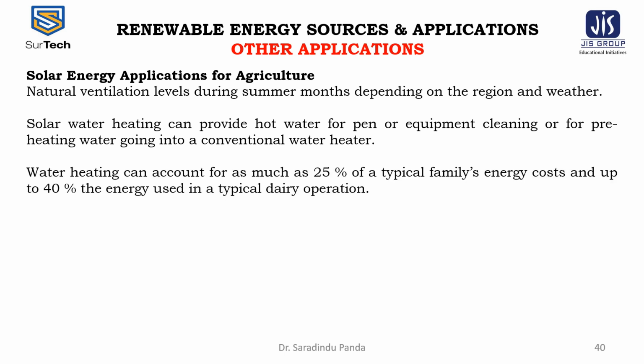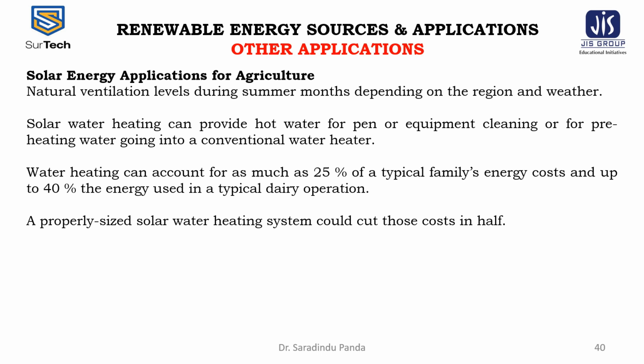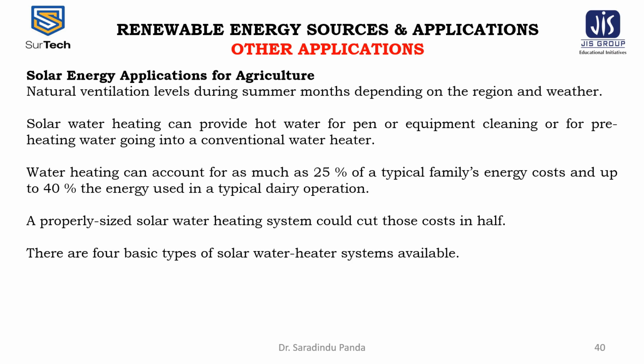Water heating can account for as much as 25% of a typical family's energy cost and up to 40% of the energy used in a typical dairy operation. A properly sized solar water heating system could cut those costs in half.